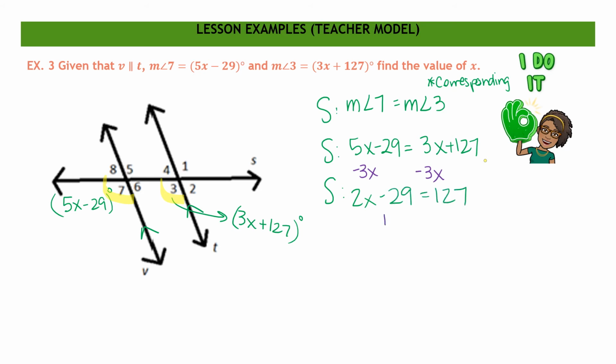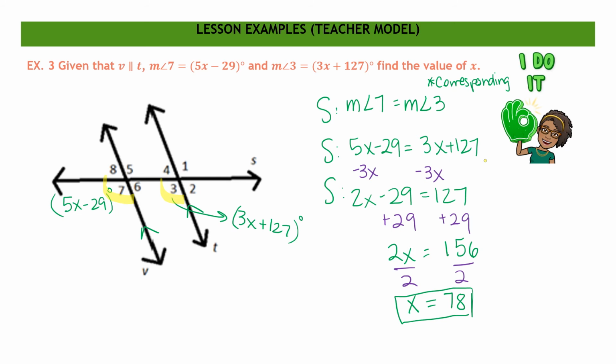And then I'm going to add 29 to both sides. So that leaves me with 2x equals 156. And then I divide both sides by 2. So that leaves me with x equals 78. And ladies and gentlemen, that is my answer for example 3.